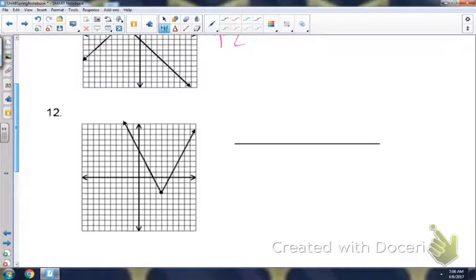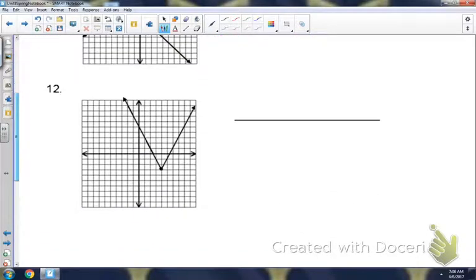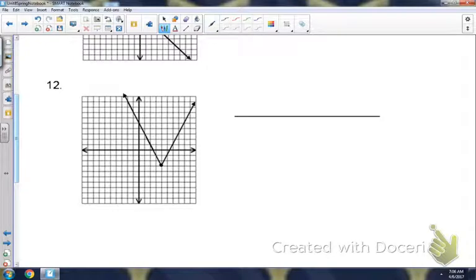Okay, let's look at 12. So let's check our 0, 0 point. It went to the right 1, 2, 3, 4, and down 1, 2, 3. Notice it's opening up, so we shouldn't have a reflection, no negative. Let's check our points. The points are usually 1, 1, 2, 2, negative 1, 1, negative 2, 2. So let's check it.